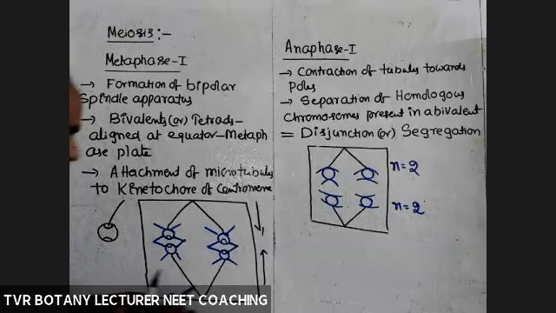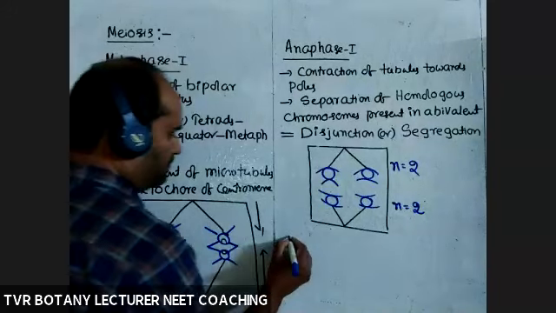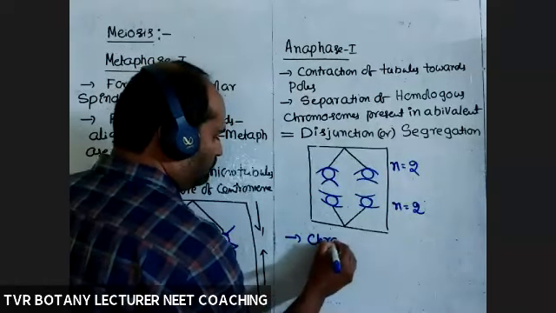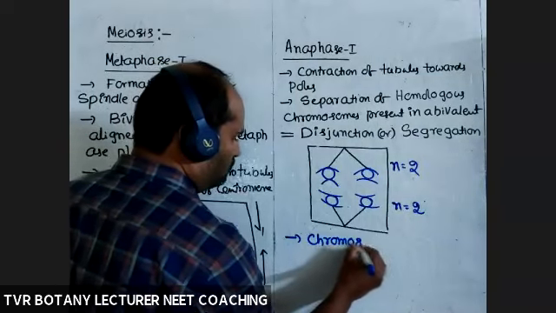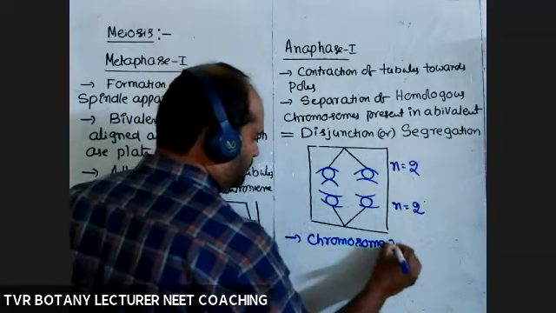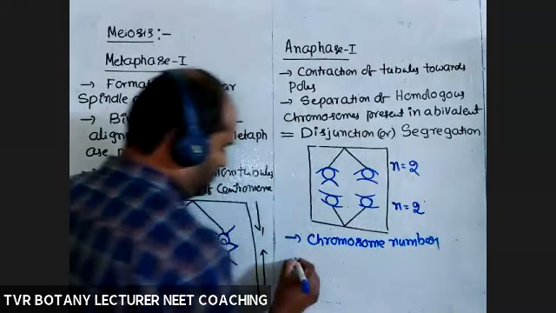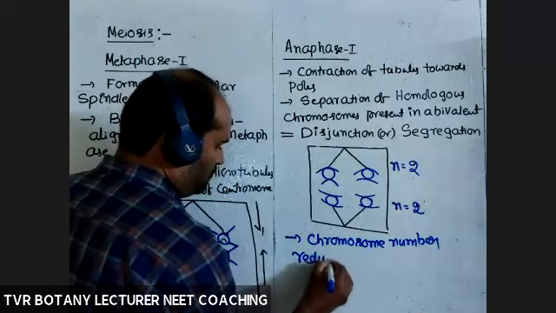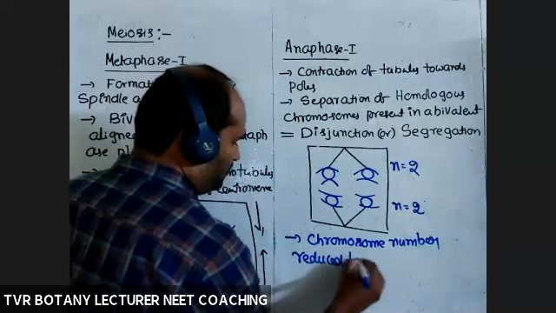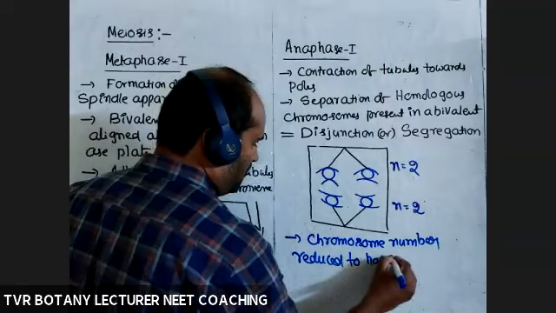So chromosome number is reduced to half.